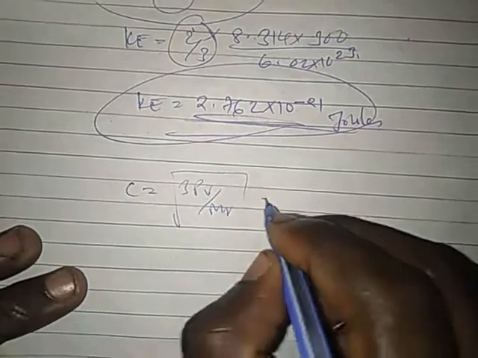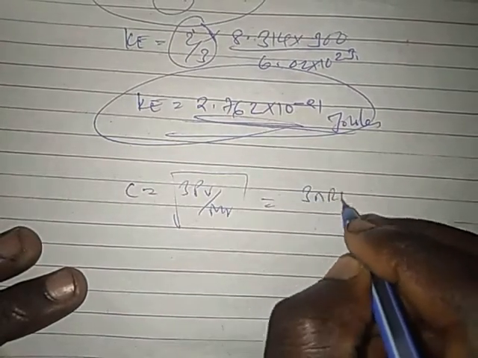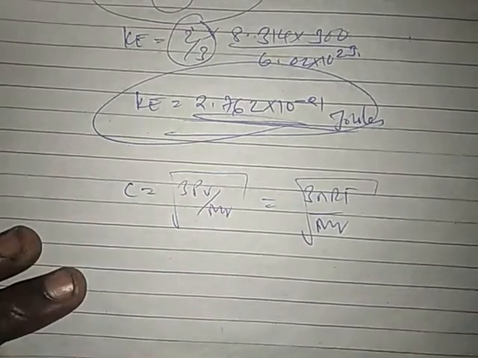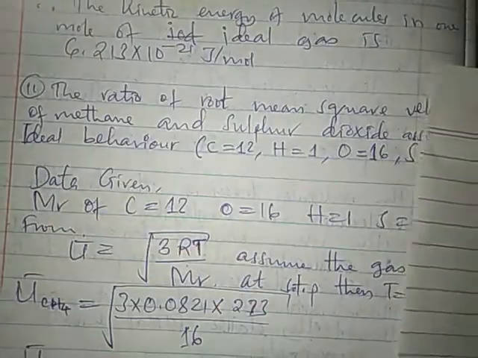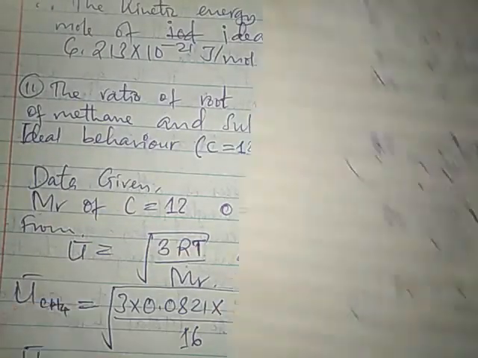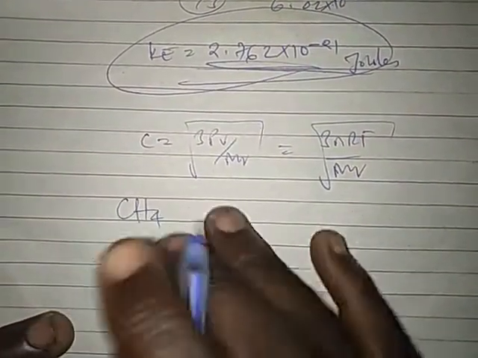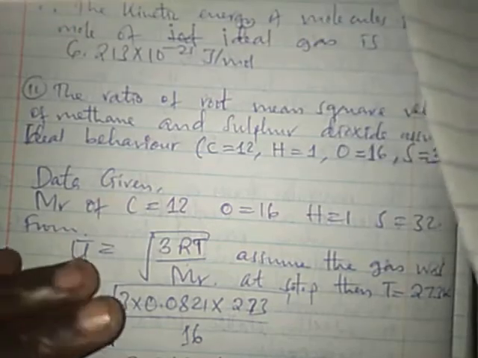Whether you use this or you use square root of 3nRT divided by molar mass, that is the same thing. Now we want ratio of root mean square velocities of methane and sulfur dioxide. Methane ni CH4, na sulfur hapo I think mostly is sulfur dioxide gas, yeah, it is sulfur dioxide.